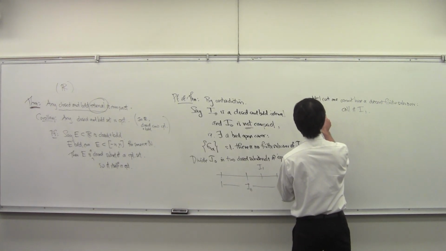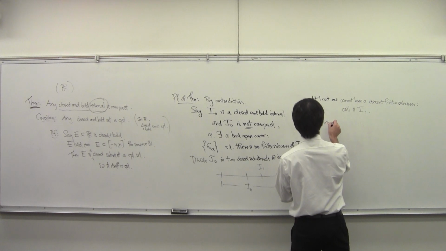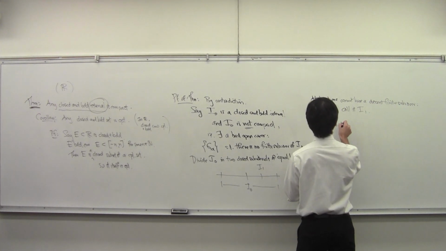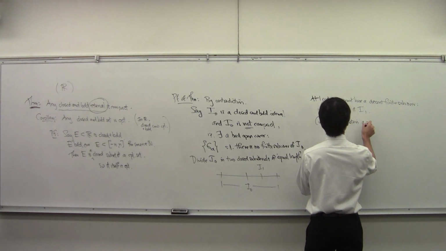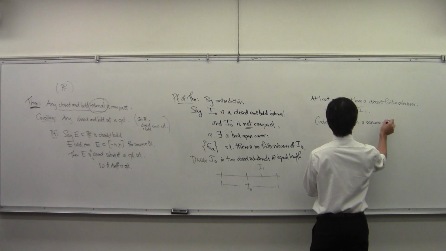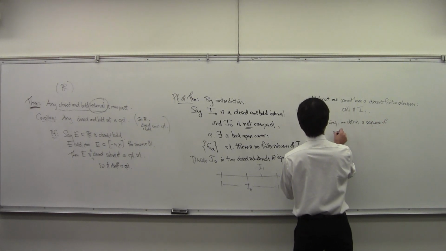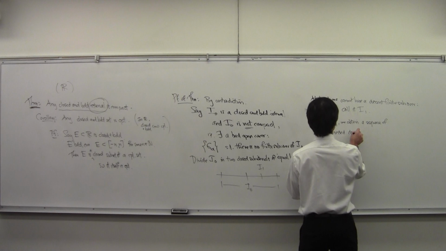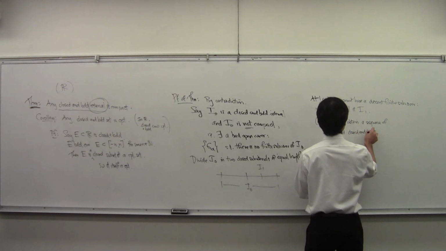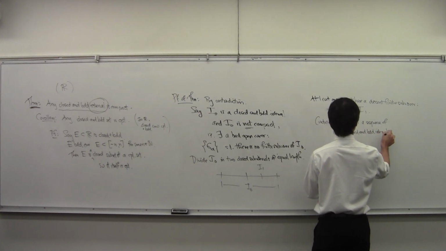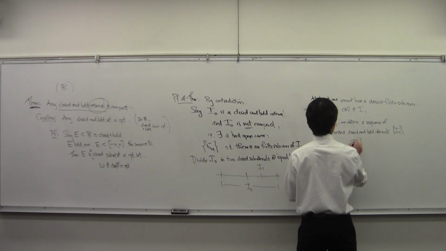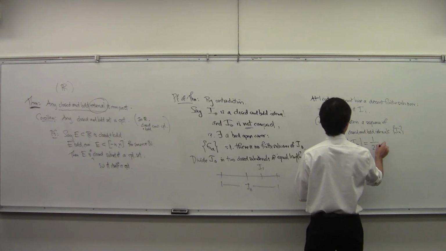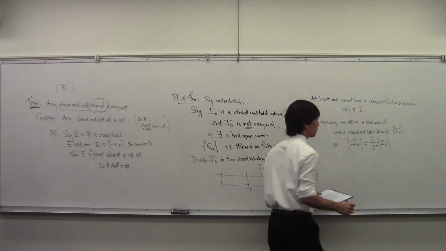So continuing, we obtain a sequence of nested closed and bounded intervals I sub n, such that the length of I sub n is 1 over 2 to the n times the length of I naught.